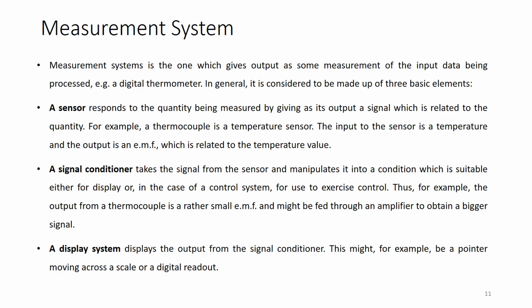A very good example is a digital thermometer where the temperature is sensed and the output of the temperature is provided in the form of a measurement scale, which is compared to a standard measurement scale. Okay. So there are three basic elements of a measurement system. A sensor is there, a signal conditioner is there, and a display system is there.